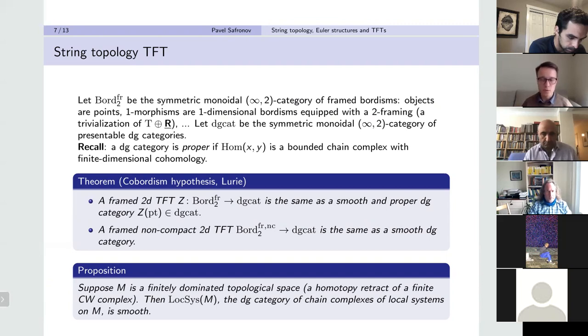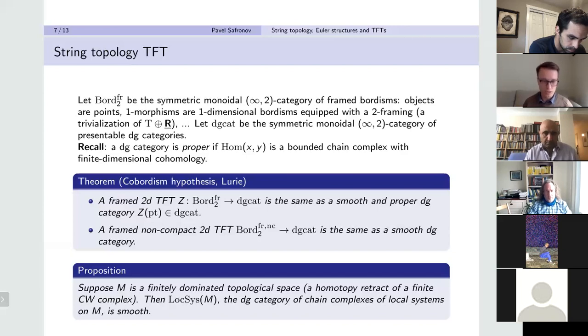Yeah, that's why I'm working with presentable DG categories. Indeed, in this setting, I'm not assuming any boundedness on the amplitude of the chain complexes. But what is important is finiteness on the topological manifold itself, or on the topological space itself. And these are local systems of what?